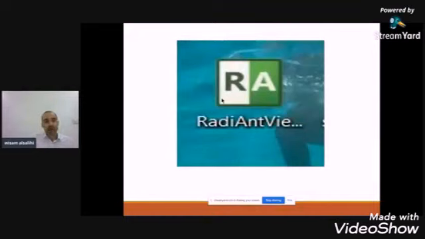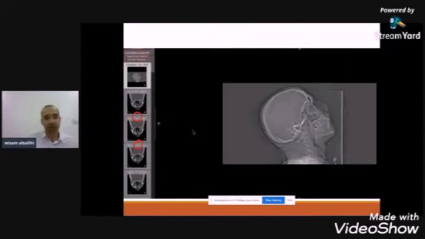I use this fantastic software, DICOM Viewer, to see the CT scan for every patient in 3 modes: axial, coronal, and sagittal. And use the 1 millimeter cut, not the 5 millimeter cut, for the best reconstruction in the three planes.